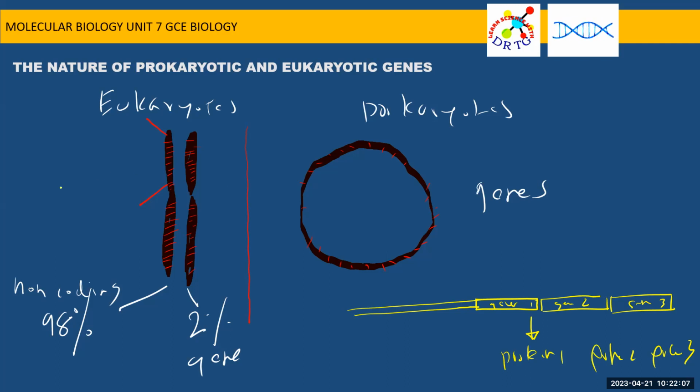But when it comes to the eukaryotes, if there's a gene, that's one gene, and it goes to make a protein. That means in eukaryotes, a single gene at a time operates to make a protein. But in prokaryotes, many genes at the same time produce different proteins.